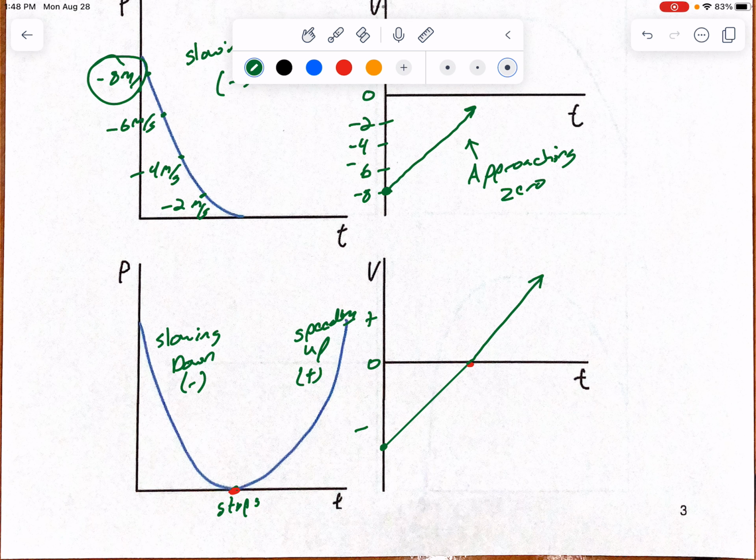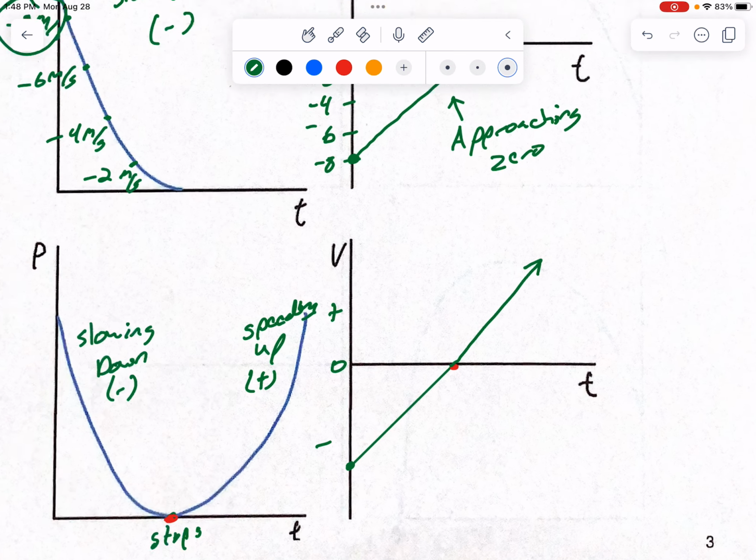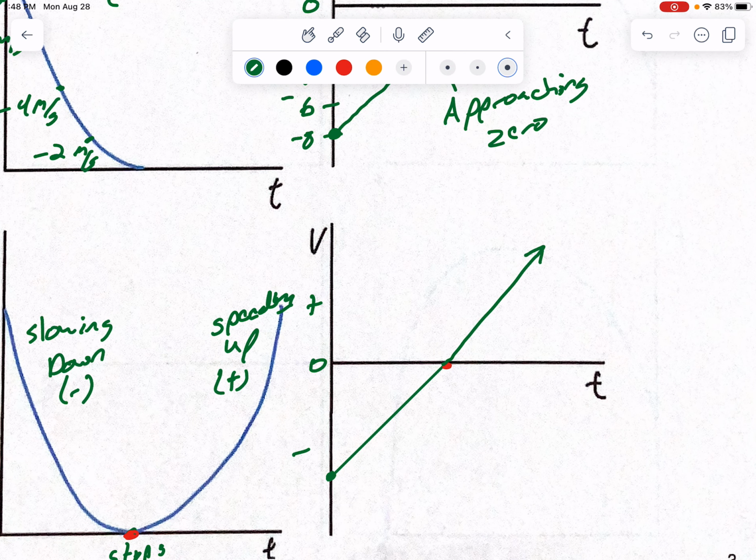Okay, so I'm going to kind of explain this graph a little bit more. You have a negative velocity, and you are approaching 0. Okay, so that means you're slowing down. Then right here, once you hit that x-axis line, that means you stopped.